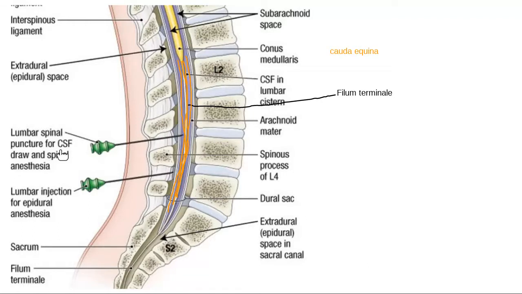When I'm doing a spinal tap or a lumbar puncture, when I send my needle in, keep in mind that this area isn't just empty. There's not just fluid down here. We have all of those nerves called the cauda equina down there. So the spinal cord ends up here around the level of the L1 or L2 vertebrae, but it sends down all of these little nerves to go down and out into the legs.